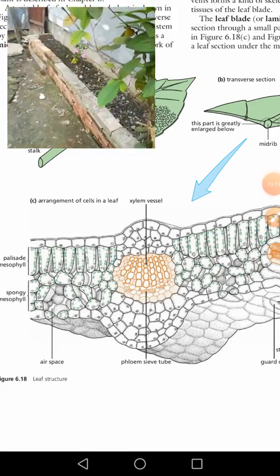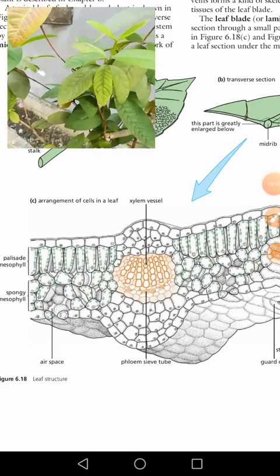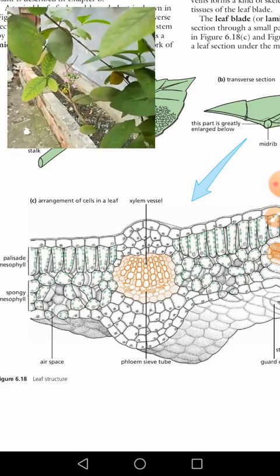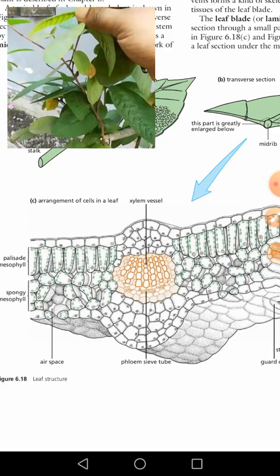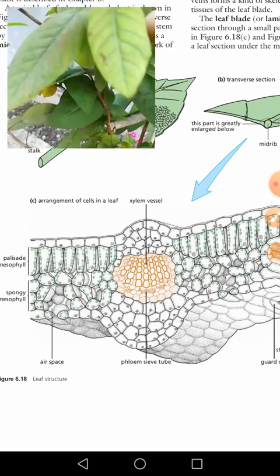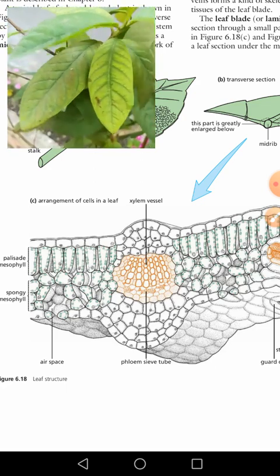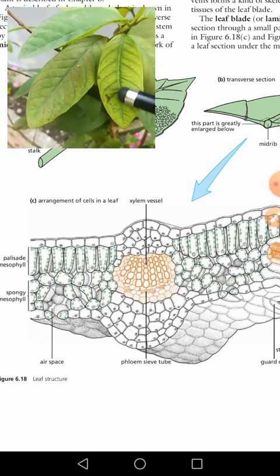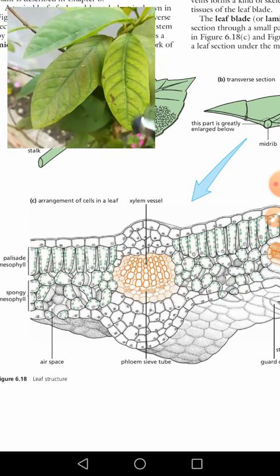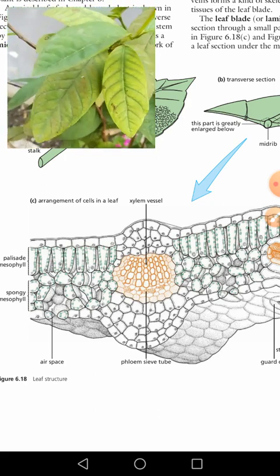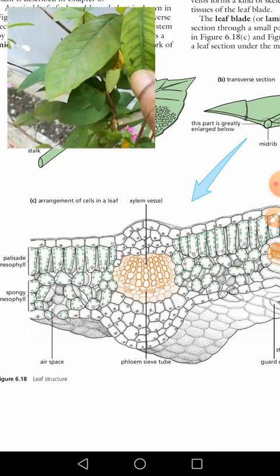Now, are the xylem and phloem present only in the leaf? No, they are not present only in the leaf. Let me show you. This leaf contains the midrib and the veins that contain the xylem and the phloem. Phloem is near the bottom surface and xylem is near the top surface.